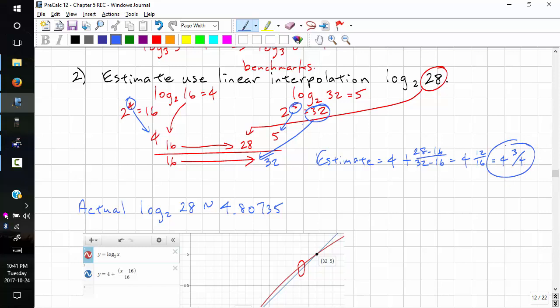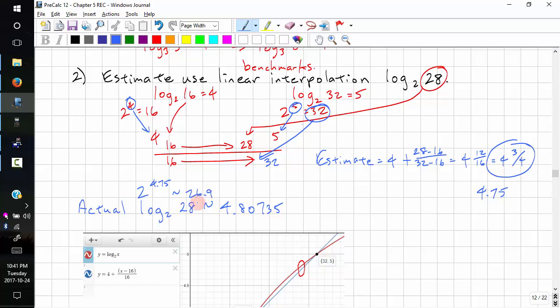But for comparison's sake, we're going to convert this to a decimal. It's 4.75, and we look at this, it's very close to the 4.80. So it's very close. If we do 2 to the power of 4.75, we get approximately 26.9.